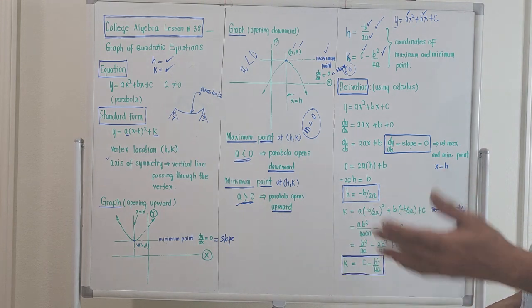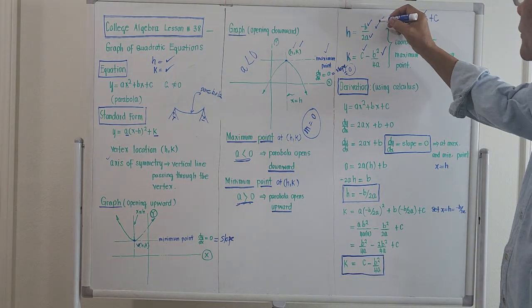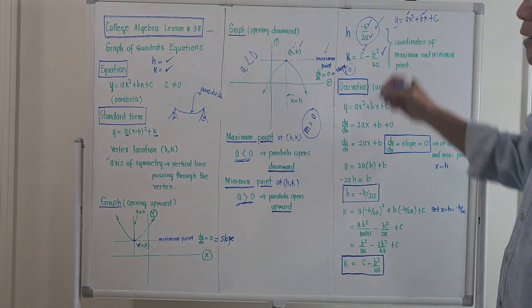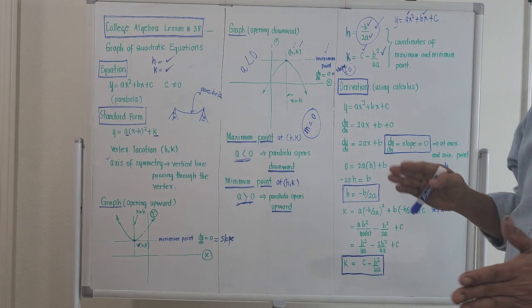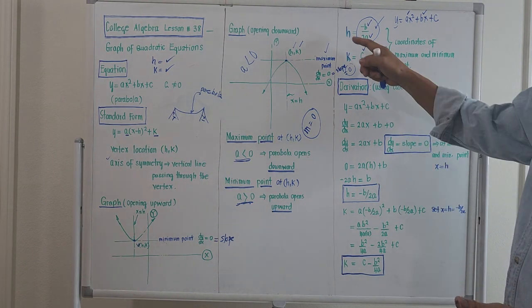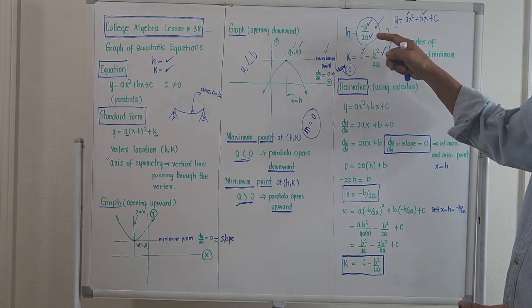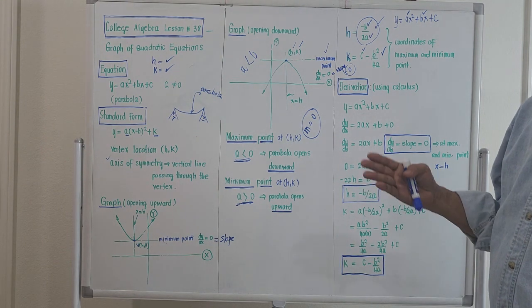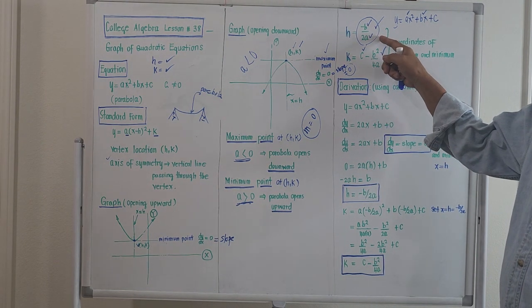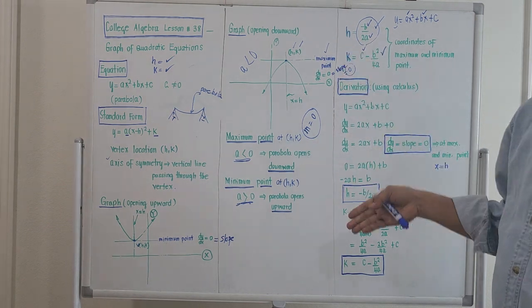Okay, let's try to bring out this formula here. It was given in our textbook, and they just stated that the value of h will be negative b over 2a. I was thinking that they didn't give us a solution on how to bring this out, so I did it myself.